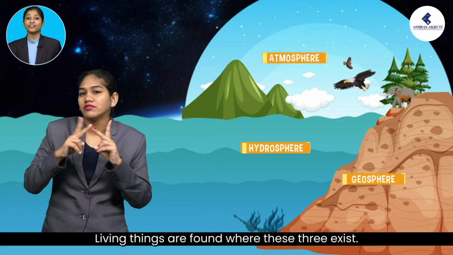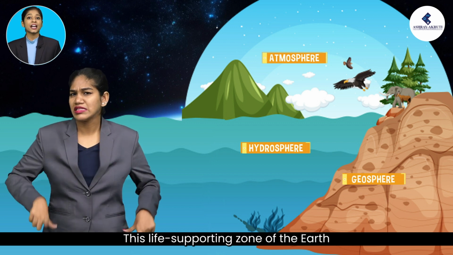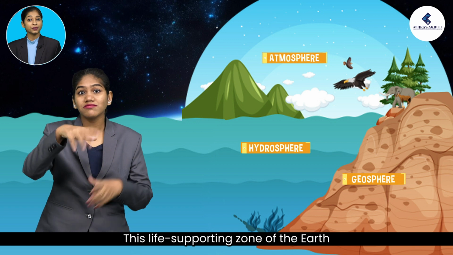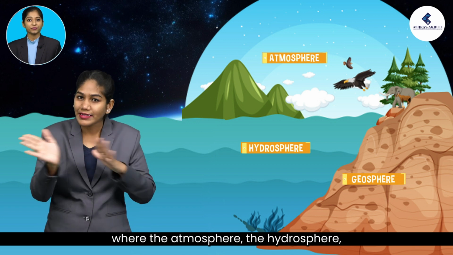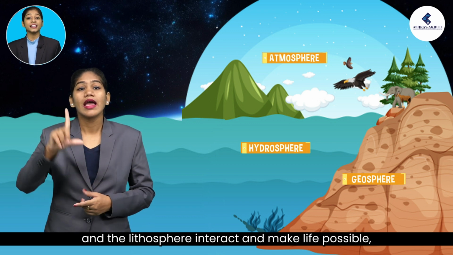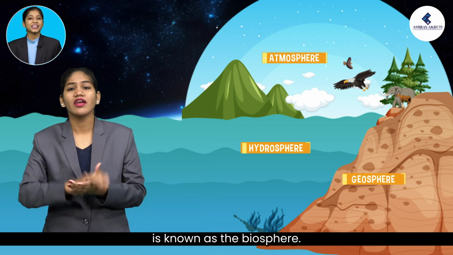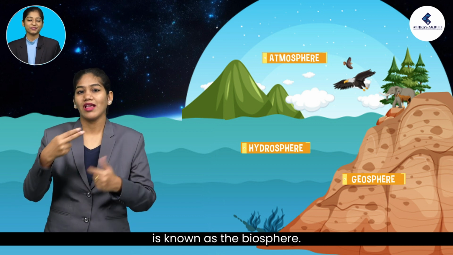Living things are found where these three exist. This life-supporting zone of the earth where the atmosphere, the hydrosphere and the lithosphere interact and make life possible is known as the biosphere.